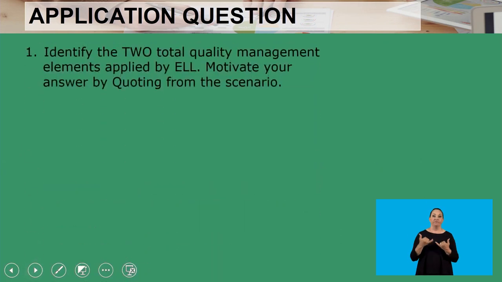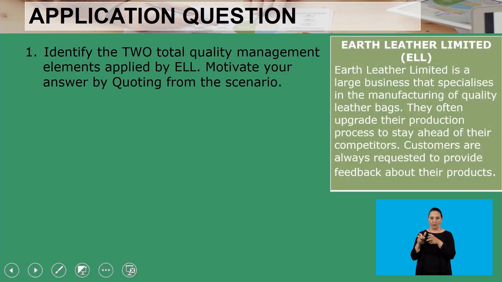Remember, the question is to identify the 2 TQM elements and motivate your answer by quoting from the scenario. The first part tells you what the business specializes in, which is the manufacturing of quality leather bags. But the other sentence says they often upgrade their production process to stay ahead of their competitors. That is one.